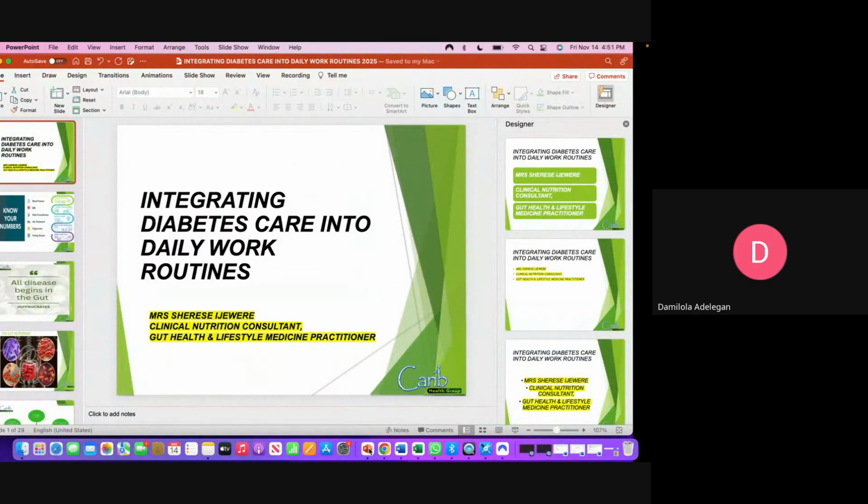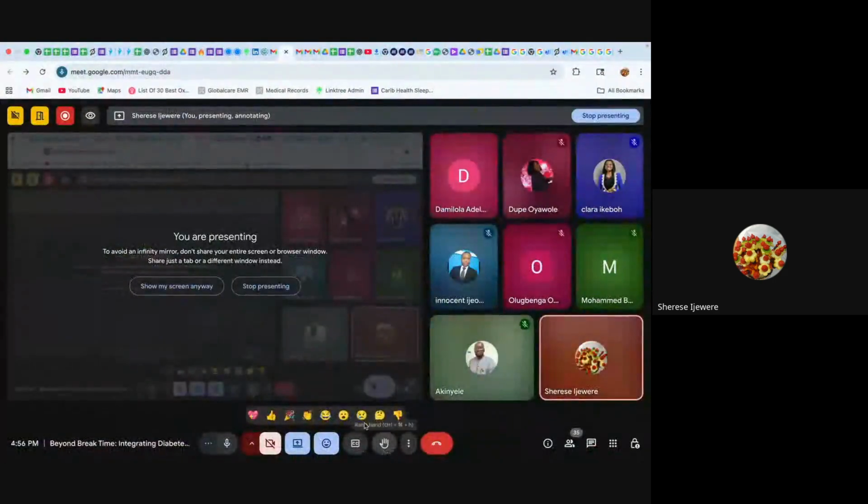Sorry to interrupt, ma. Yes? Your slide is not moving. Okay, at all? No, ma, it's not moving. Okay. What do I do now? What about now? Are you seeing? No. We can see the slide, but it's not moving. Okay. Well, let me stop sharing and then let me try again.